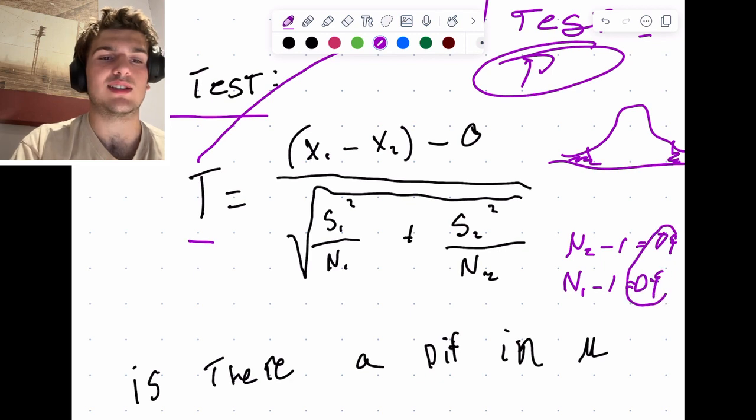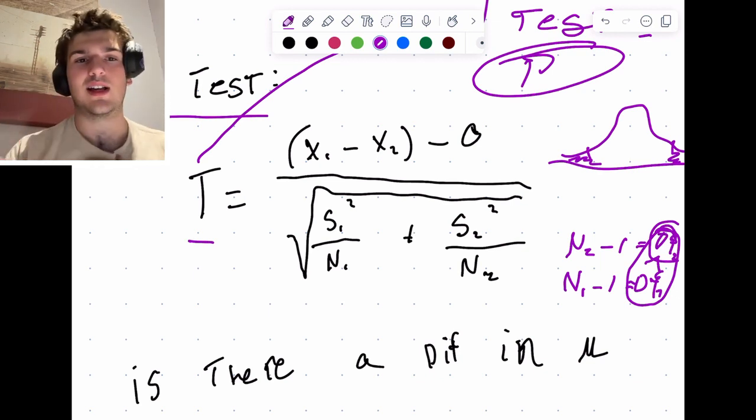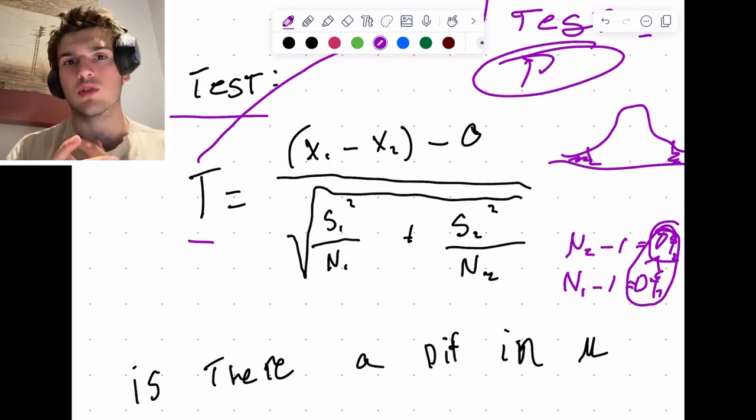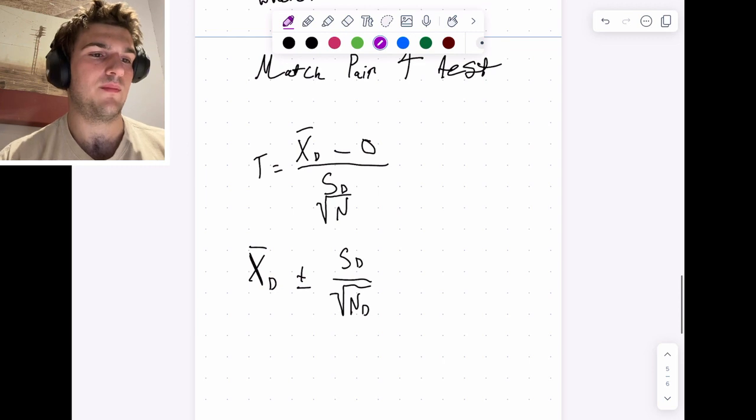You would pick the smaller of these numbers. So let's say df1 is greater than df2, we would pick df2. And that's just to give ourselves as much error as possible. Really, you just want to use your calculator to get your degrees of freedom here.